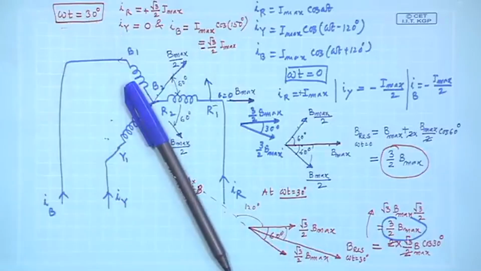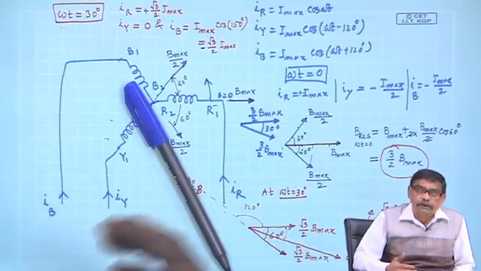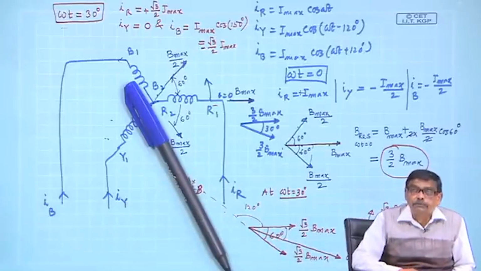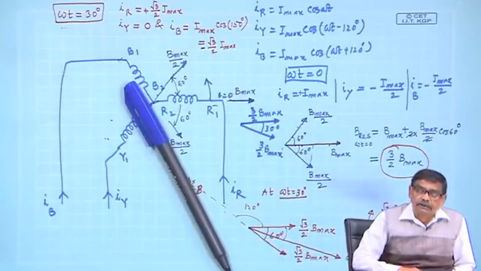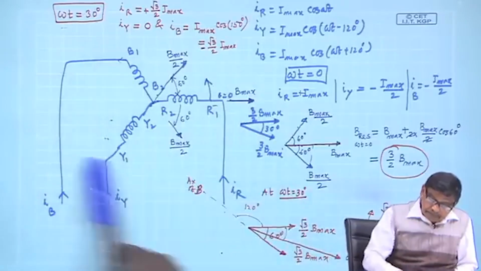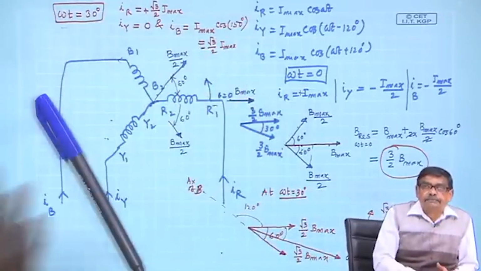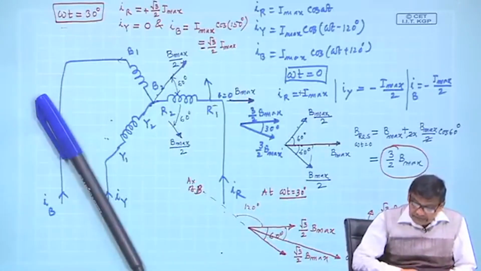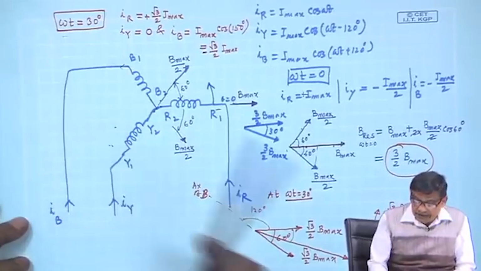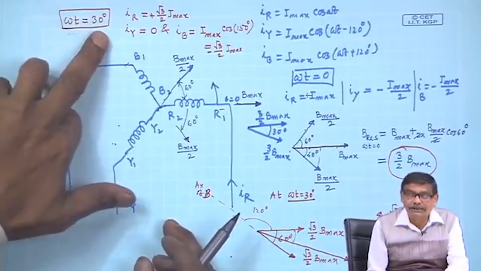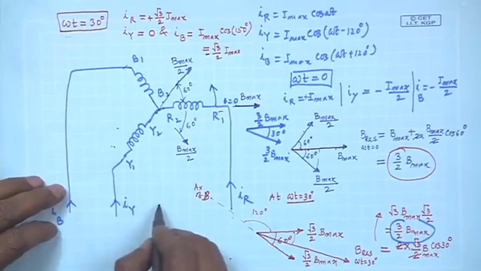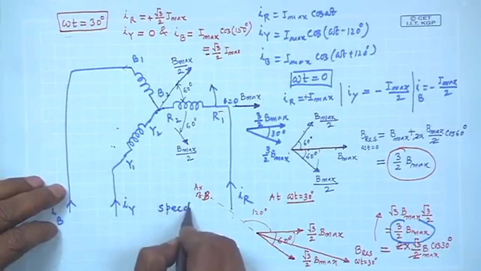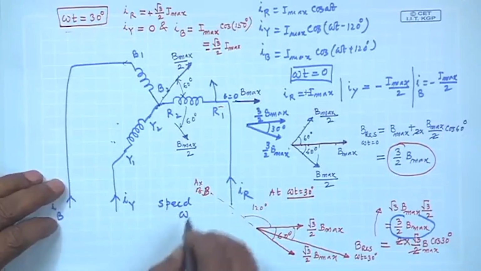So, it looks as if a sine wave of amplitude 3 by 2 B max is moving in the clockwise direction in space. What is the speed? Speed is the same as omega, because whatever is the omega t equal to 30 degree, by that time it has gone by 60 degree. Therefore, speed is omega, omega electrical radian per second.